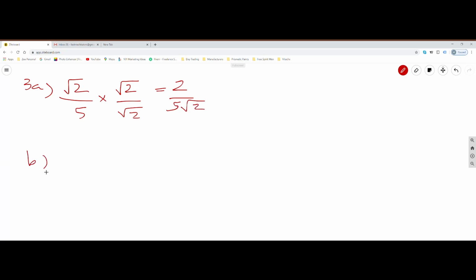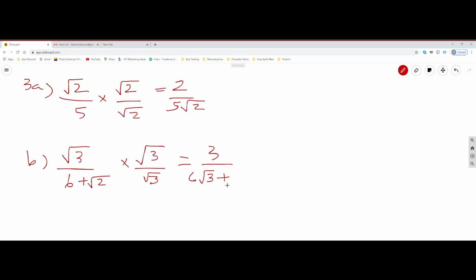B, which is square root 3 over 6 plus square root 2. So you multiply by the radical, which is the numerator, square root 3 over square root 3. So equals 3 over 6 square root 3 plus square root 6.